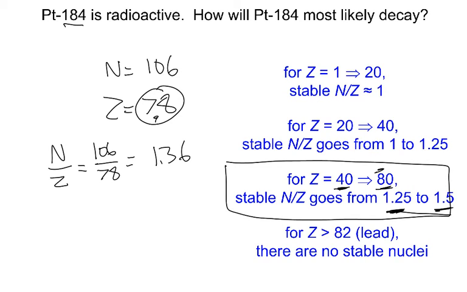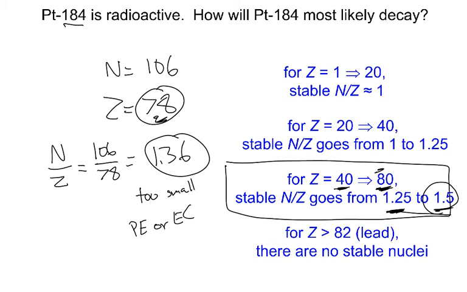Because the atomic number is 78, close to 80, we're looking for an N to Z ratio close to 1.5, so we're obviously smaller than that. So our N to Z ratio in this case is too small, so our prediction would be positron emission or electron capture.